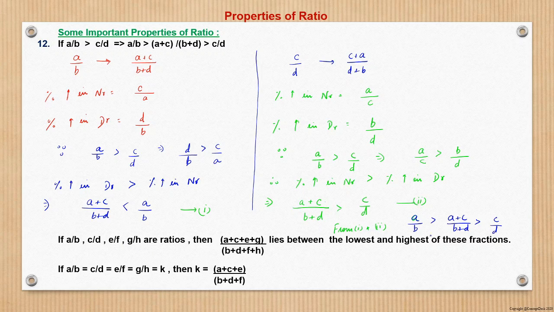In that case, similarly, we can generalize this derivation and say that the ratio formed by the summation of numerators, that is A plus C plus E plus G, upon the summation of denominators, that is B plus D plus F plus H, will lie somewhere between the lowest and the highest of these ratios or fractions, right?